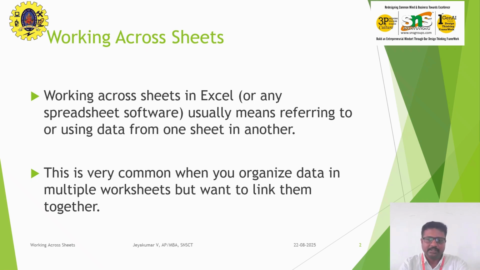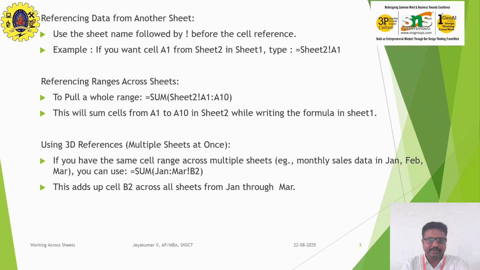This is very common when you organize data in multiple worksheets but want to link them together. First, let us see about using or referring to data from another worksheet. If you want to refer to the data from one worksheet in another, then the sheet name has to be followed by an exclamation mark before the cell reference.